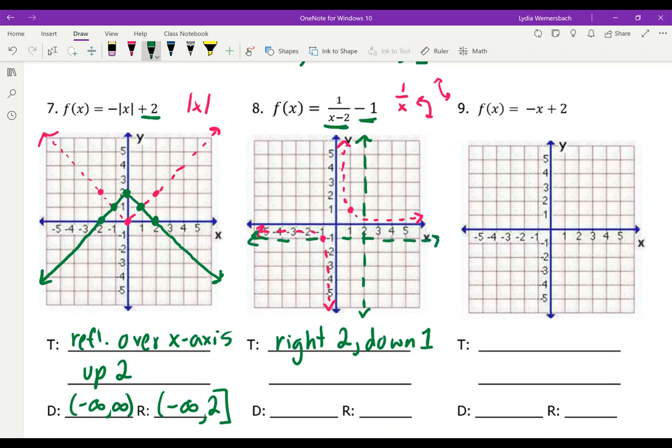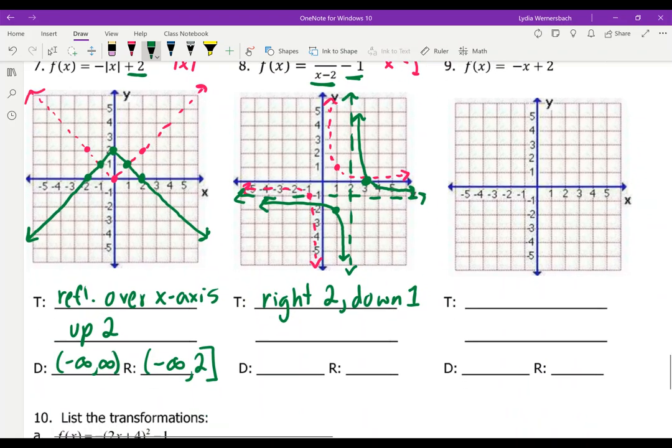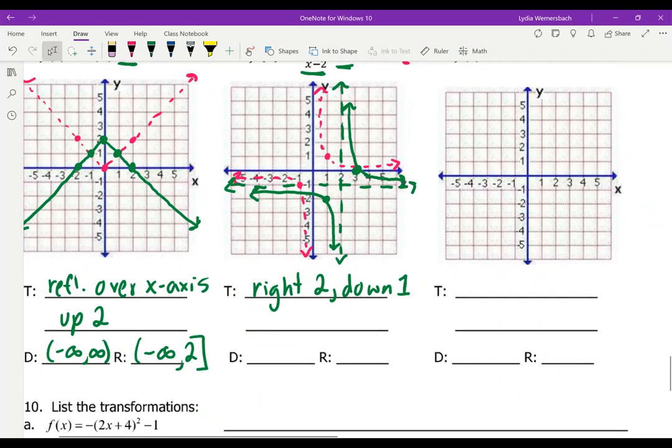Okay, so now we can kind of look at those points. Again, that first one I'll move right 2 and down 1, so that'll be here. That other point I'll move right 2 and down 1, so that'll be here. Okay, and then we want to still kind of maintain a similar shape. So it'll look something like this. Okay. So again, we just said those asymptotes kind of moved.